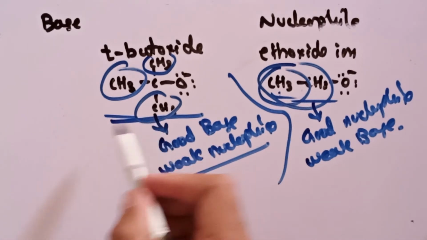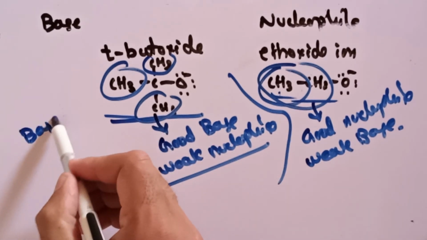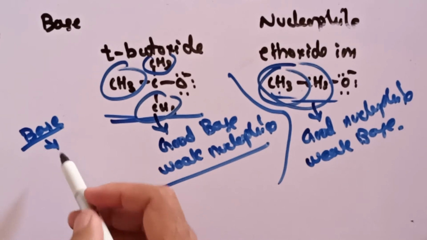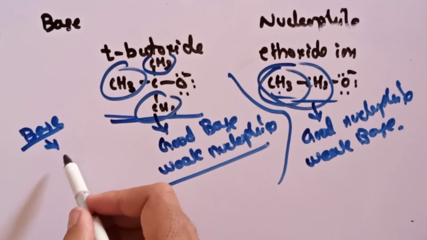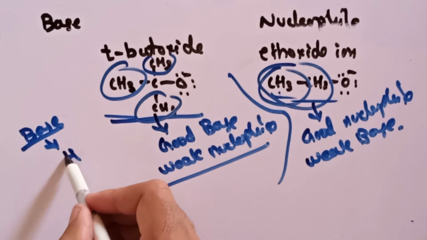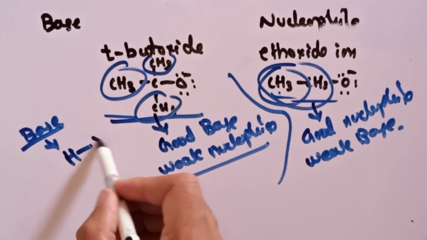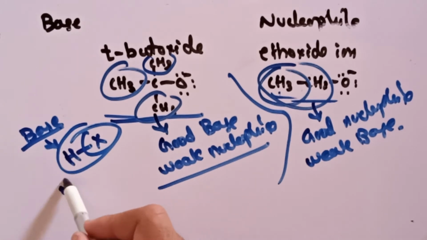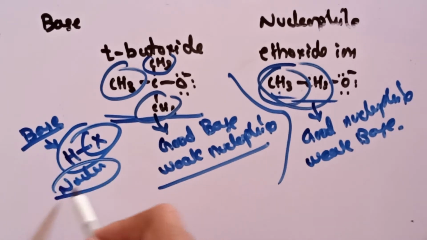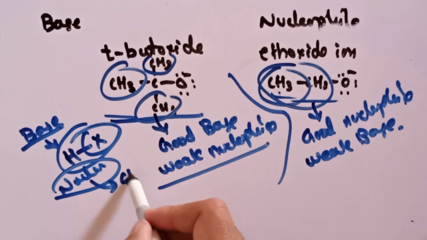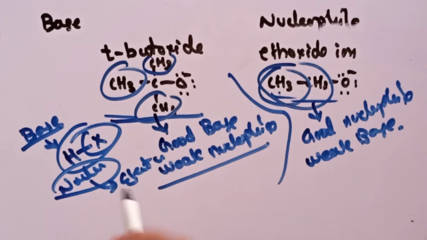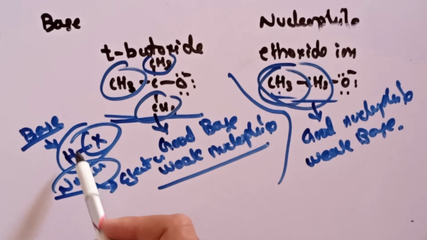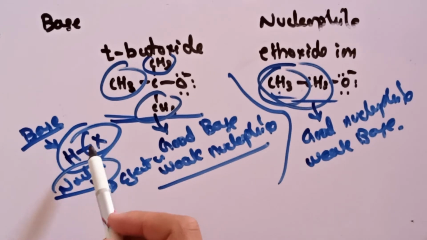As I told you, a base is a species that abstracts a proton from any compound, while a nucleophile is a species that attacks an electrophilic center, a positive, electron deficient center.